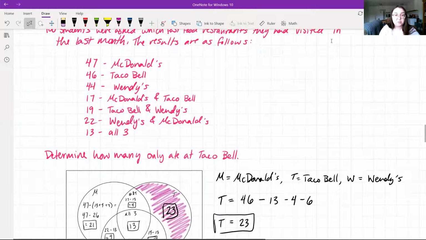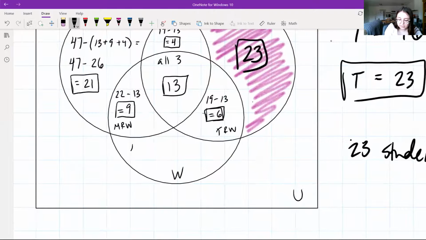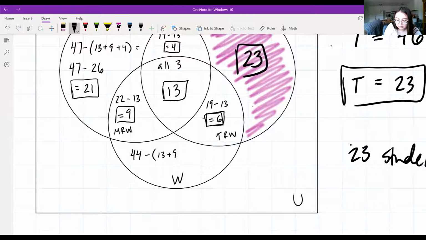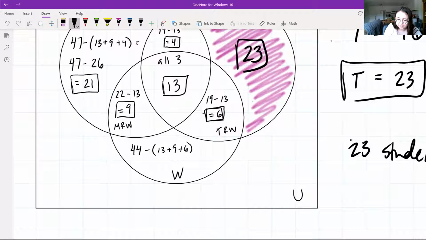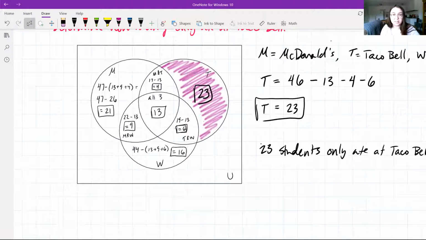We know 44 people ate at Wendy's, so we can take 44 minus 13 plus 9 plus 6, and there's not a whole lot of room here, so we're just going to calculate this value. We end up getting 16. So 16 people only ate at Wendy's.